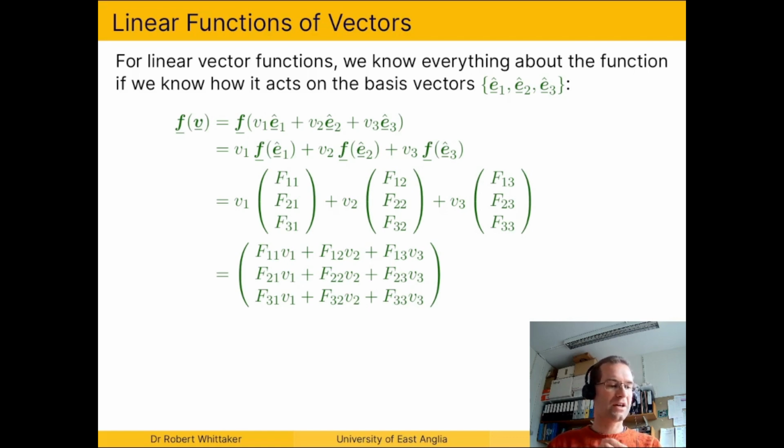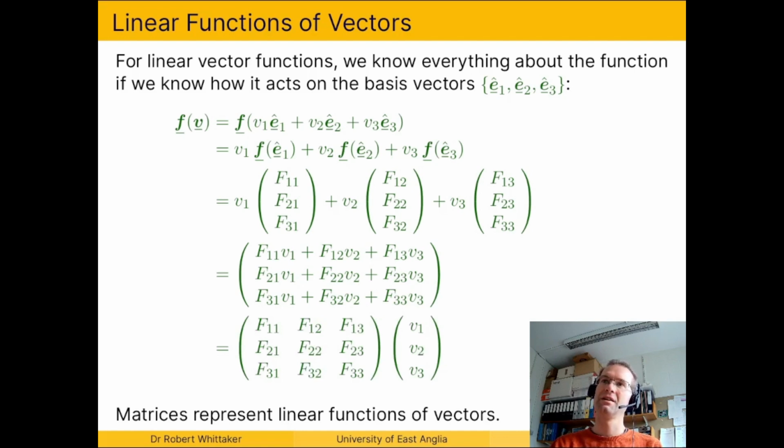And then this particular way of adding up these 9 components that have come from the function and the 3 components from the vector is really common in mathematics, so we develop a special notation for it. We write the 9 components from the function as a 3 by 3 array, and we write the vector as a column vector.